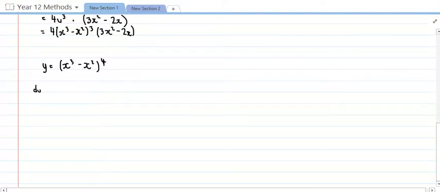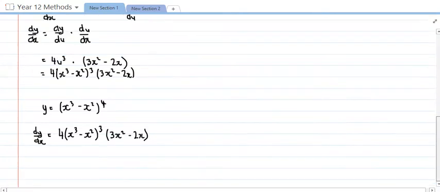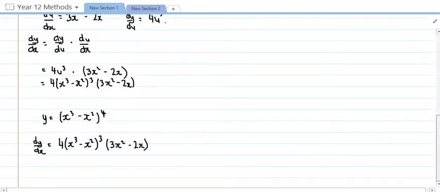So this is a bit of a shortcut. dy dx equals 4 times all that cubed, and then I just need to multiply by the derivative of what's inside there, which is 3x squared minus 2x. And if we just have a quick look, those two answers are actually the same.